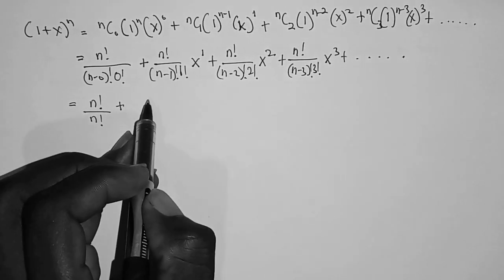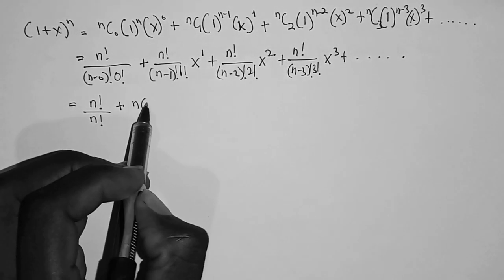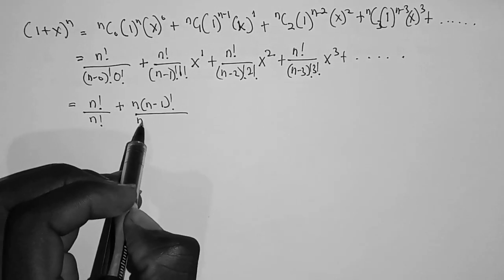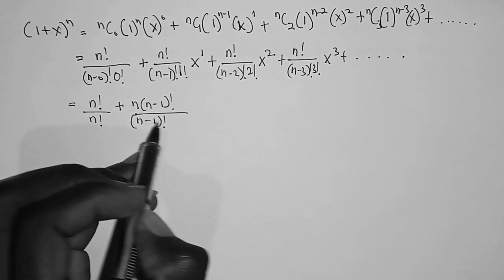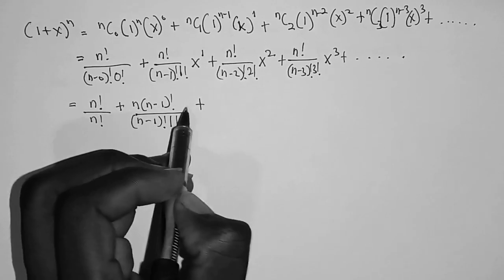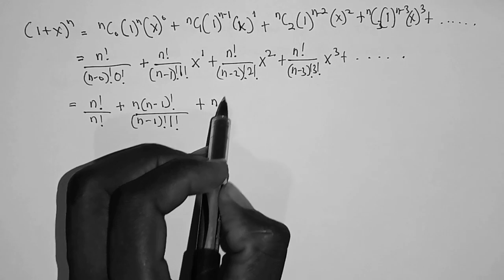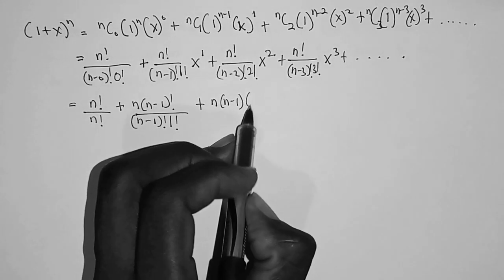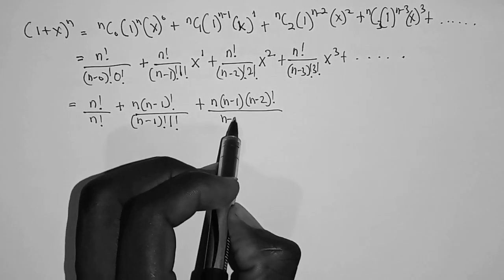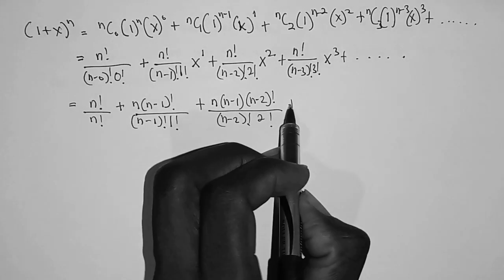And plus, n factorial can be written as n times (n-1) factorial divided by (n-1) factorial, 1 factorial, plus n factorial can also be written as n times (n-1) times (n-2) factorial divided by (n-2) factorial and 2 factorial, and plus.